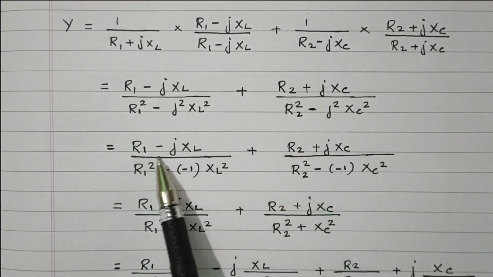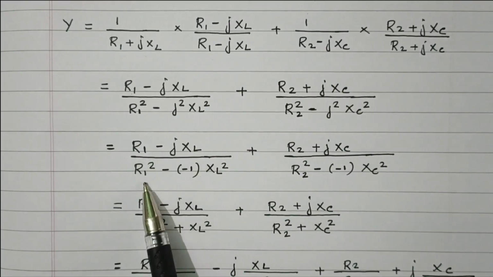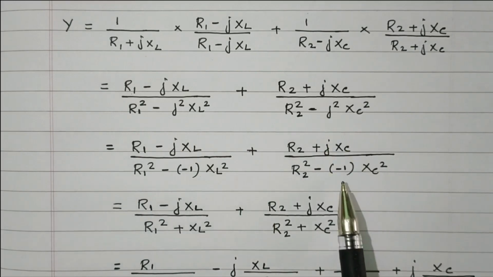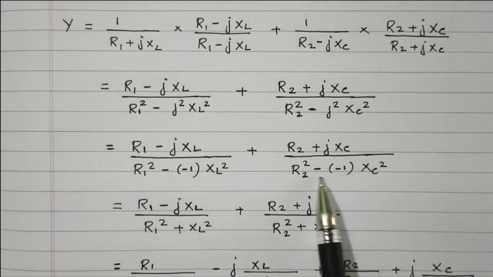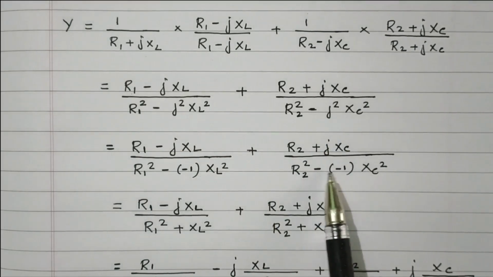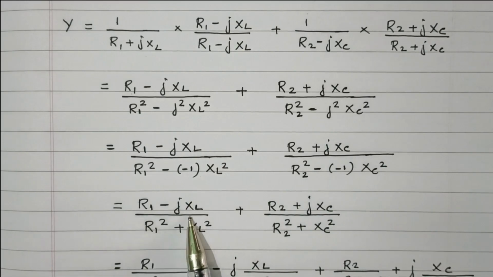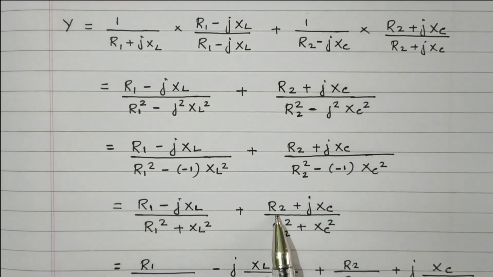Right. So R1 minus jXL divided by R1 square. This j square is minus 1. Similarly, here j square is minus 1. So this negative with negative becomes positive. Here also positive. So R1 minus jXL divided by R1 square plus XL square. R2 plus jXC divided by R2 square plus XC square.